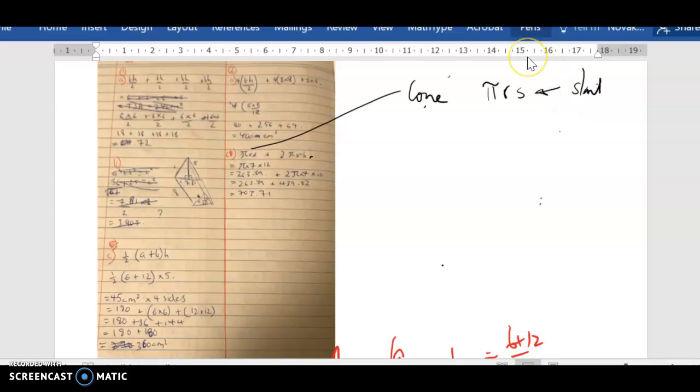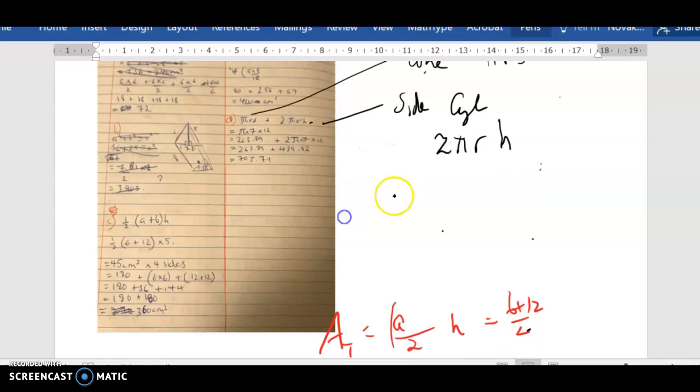We don't need to use Pythagoras here, and we don't have the base. Here is the side of the cylinder, which is 2 pi r h, but he forgot the base, which was the circle, pi r squared.